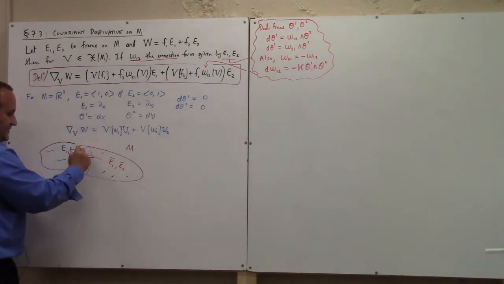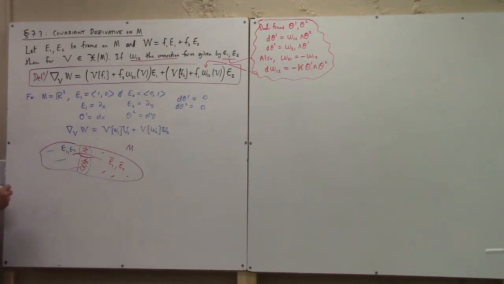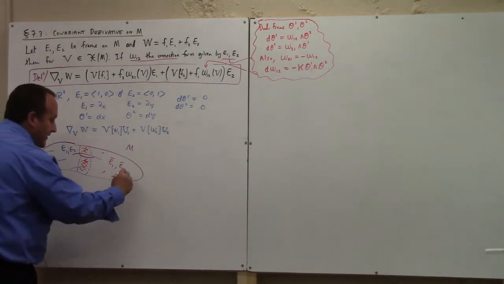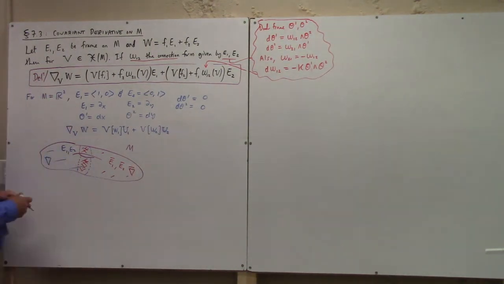So on this intersection region, you have both. In the intersection region, you can compare this formula, which we would refer to as del, and with using the barred frame we'd have del bar. And you could compare the formula in the frame versus the barred frame.